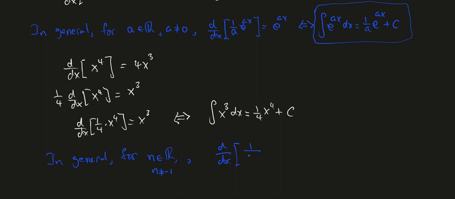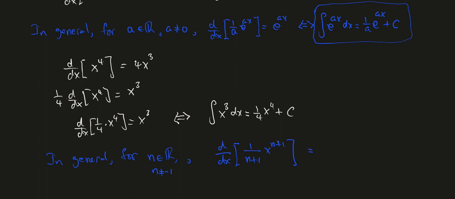Because what I'm going to do is I'm going to put n plus 1 in the denominator here. So if n plus 1 is in the denominator, then I can't allow n to be equal to -1. So I have 1 over n plus 1. This is still just a constant. And then I'm going to have times x to the n plus 1. And if I say, well, what is the derivative of this?